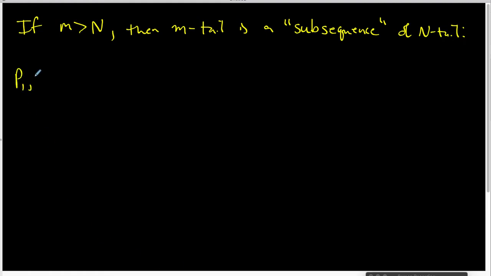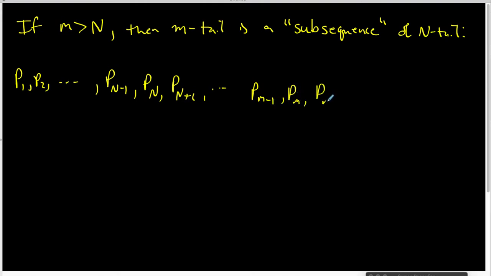So we've got p_1, p_2, all the way out to p_(N-1), and then we've got p_N, and we've got p_(N+1), and we keep going until we eventually wind up at p_(m-1), p_m, p_(m+1), and the thing keeps going.